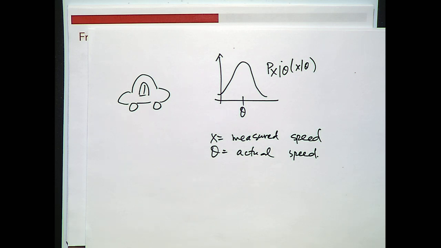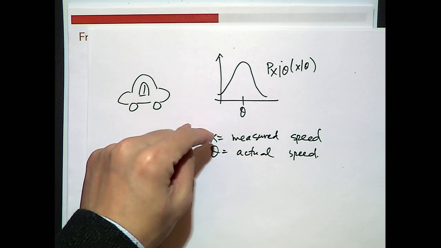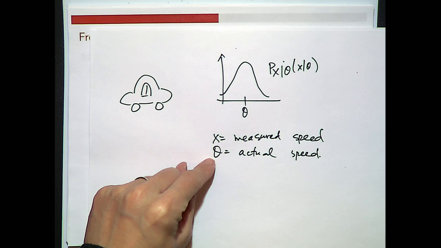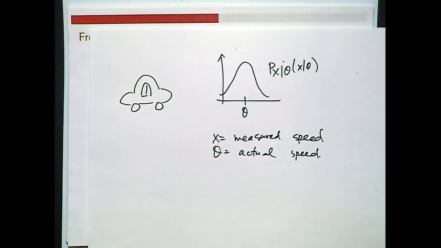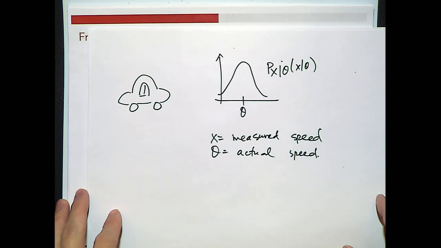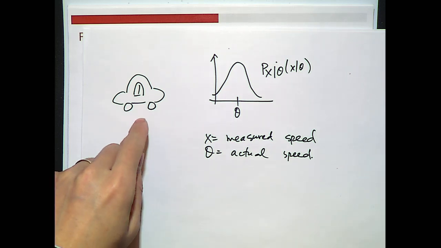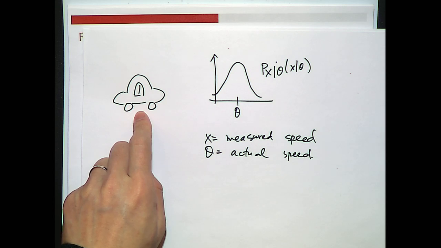If you use the maximum likelihood estimate, what you're going to do is take multiple measurements of x, and then estimate the theta. That's the maximum likelihood estimation. Take multiple measurements and try to make your best guess of theta. Now, in the Bayesian world, the thing is a little bit different, because it really depends on who's driving that car and what kind of car it is, right?